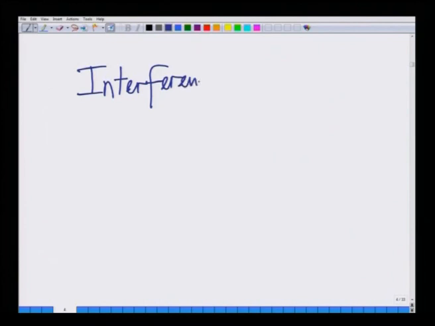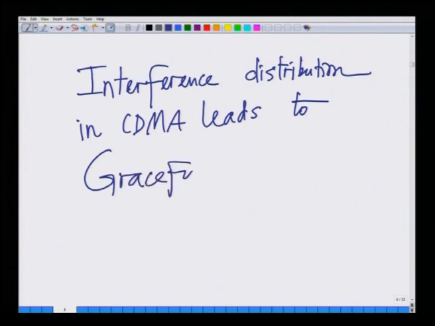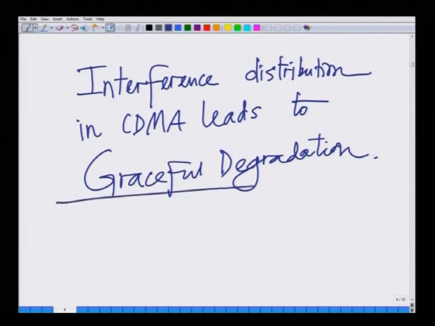Interference distribution in CDMA leads to graceful degradation, and this is a very important property of CDMA system.